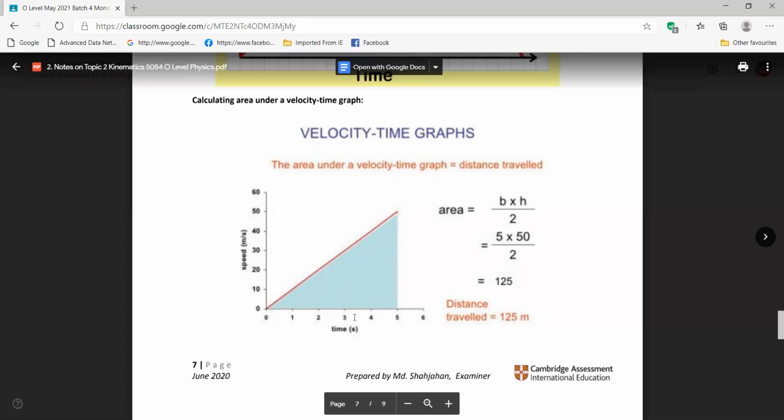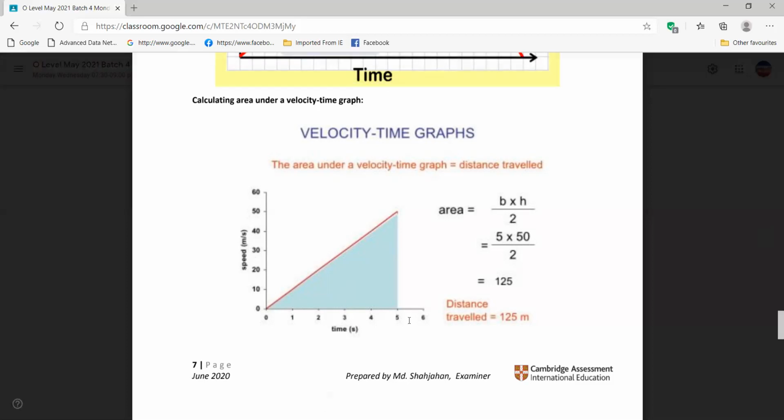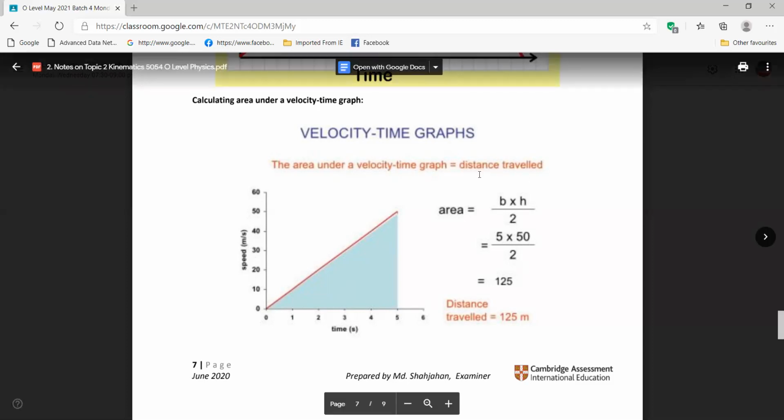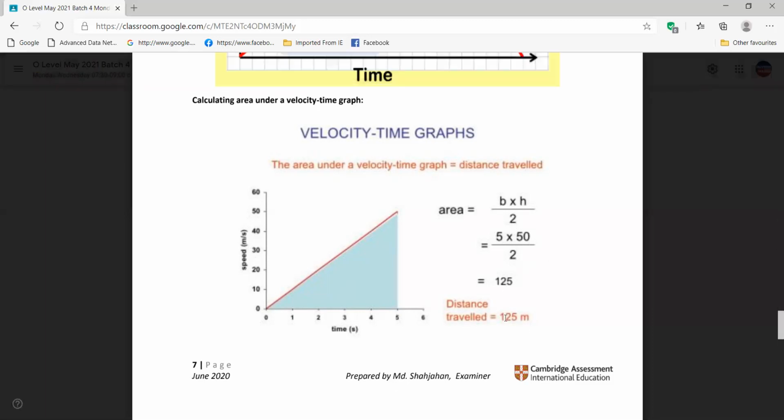Sir, if it is a speed time graph, why displacement, not distance? Because displacement has direction and distance does not have direction. I said more appropriate. We accept it sometimes, and numerically it's accepted. But if there is anything related to direction, that time it will not be accurate. Sir, actually, in the velocity time graph, most of the time, do we talk about the direction?